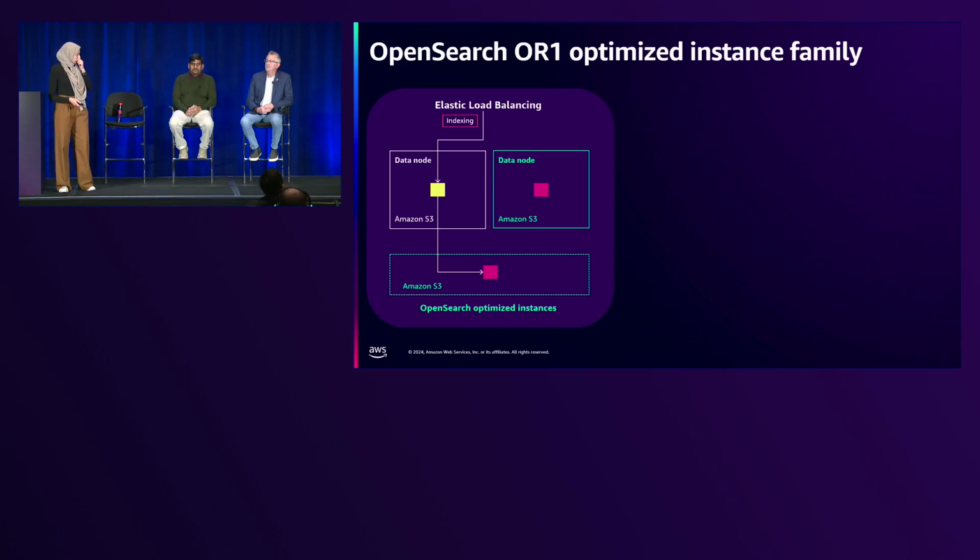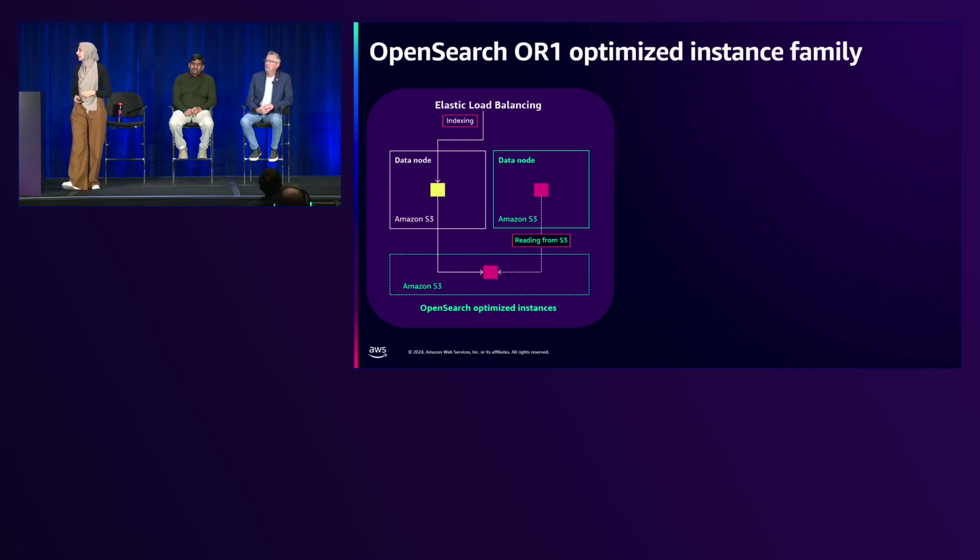So here's how it works. First, we index the data into the primary shard only, in the yellow color, and the new segments are persisted into Amazon S3. Then, instead of re-indexing the data into the replica shard, the second data node here will just fetch the newly indexed data from S3.